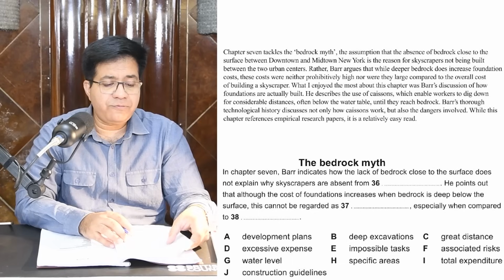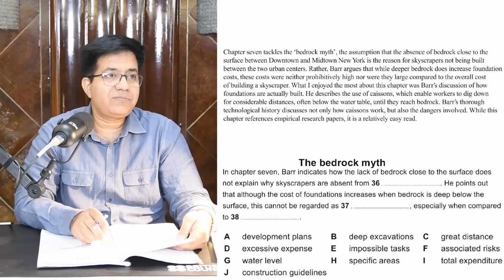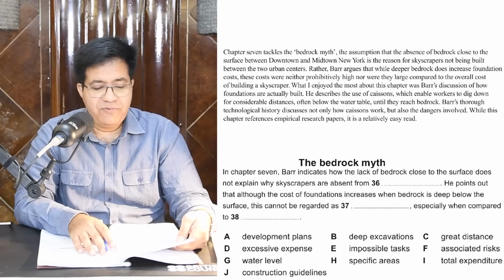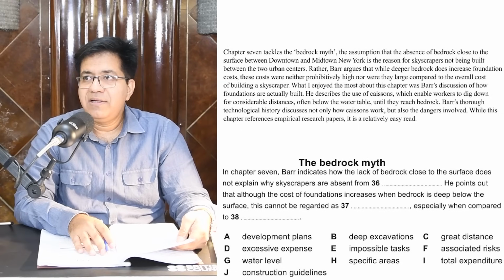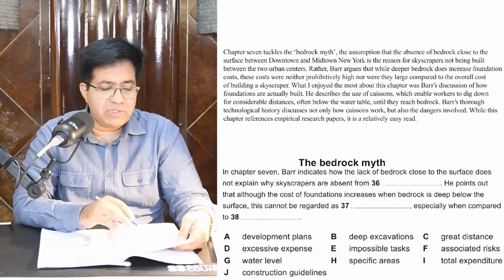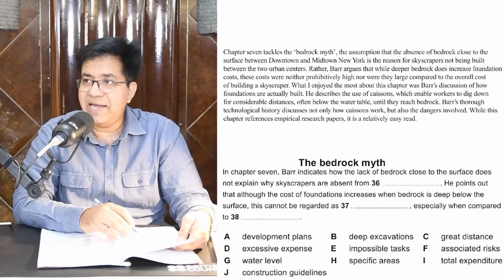Okay, now we look for the synonym of two urban centers. Absolutely, two urban centers. What is the synonym of that? For centers, they use the word areas. For two urban, they use the word specific. So correct answer is option H. Two urban centers, and the synonym of that is specific areas.